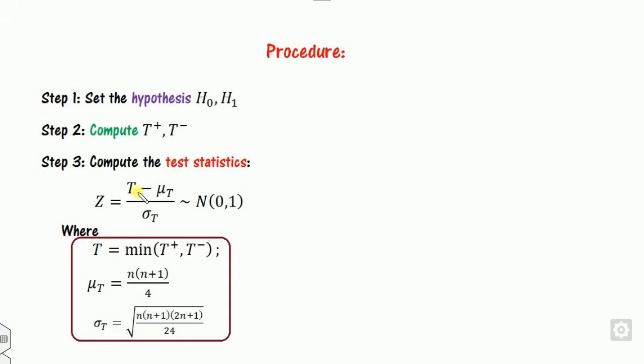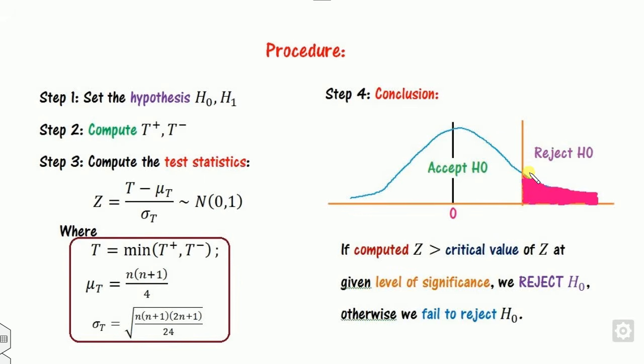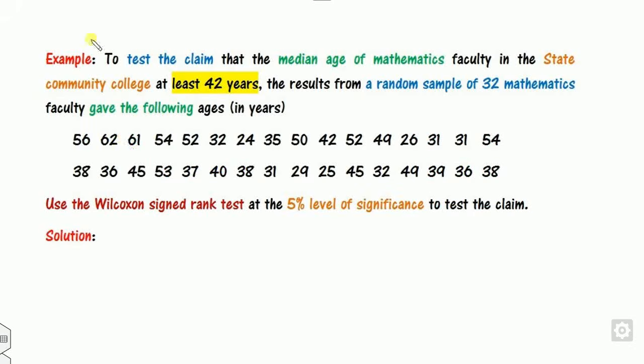What is the capital T? Same. Mu is the mean, which is calculated like this, and sigma is this. Once you find the value of Z, it is a normal distribution. We calculate the critical value and we reject or accept accordingly, depending on whether the condition is satisfied.